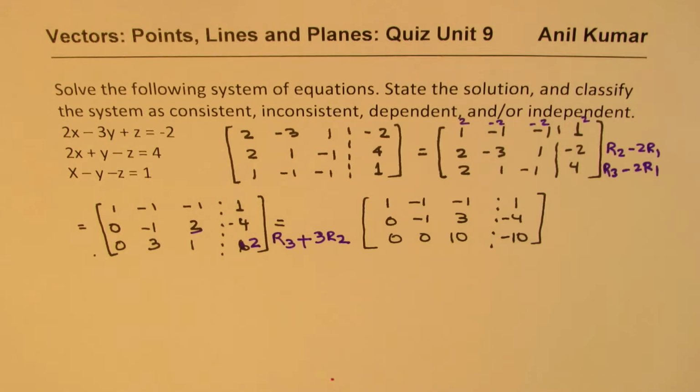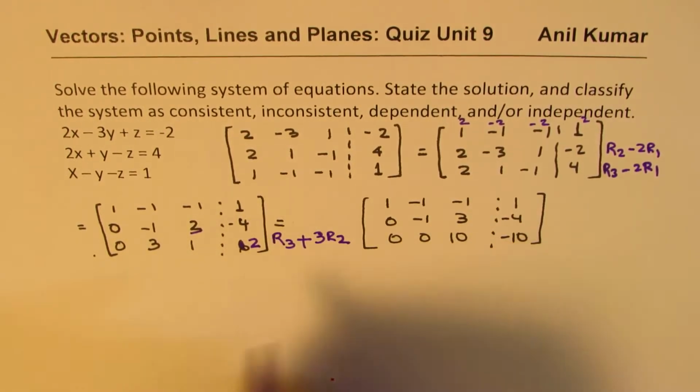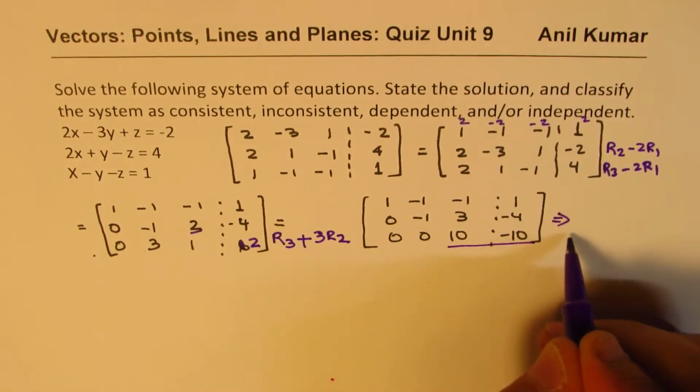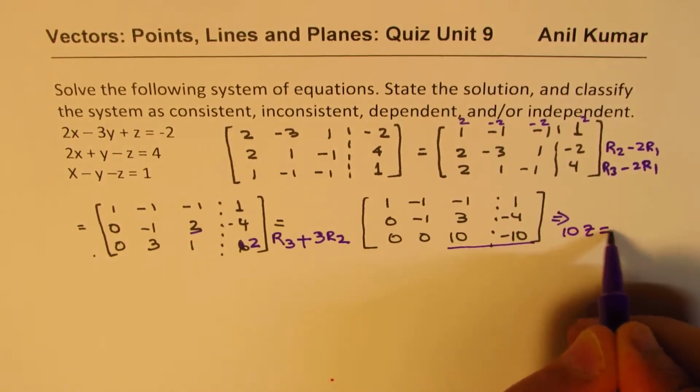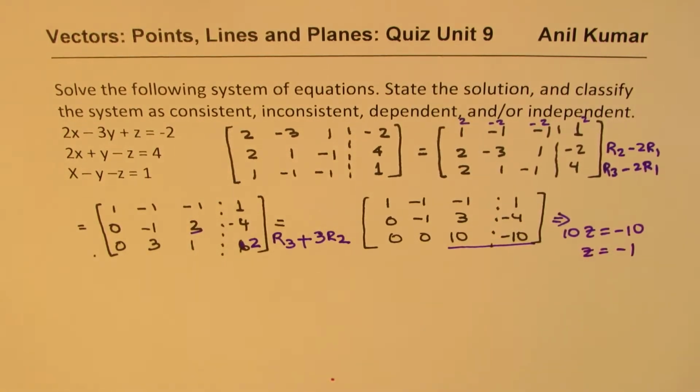So from here, we can get the values of x, y, and z. This statement itself gives you 10z equals minus 10. So z equals minus 1. Perfect. So we get the value of z. Now let's look into the second equation.